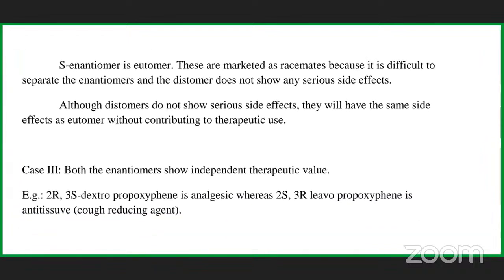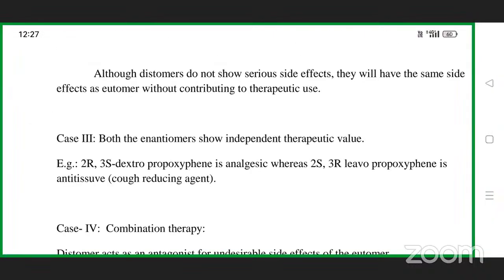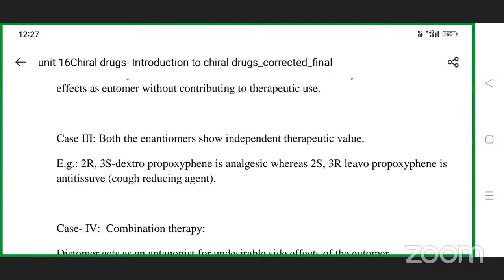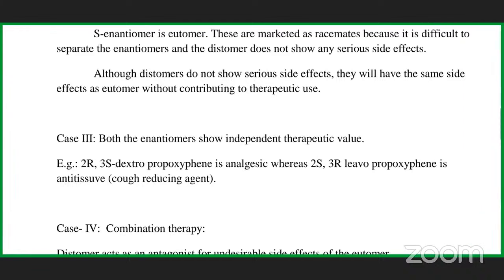Next, case number 3: enantiomers show independent therapeutic values. Here the third case is where both the isomers, both the enantiomers, R and S, have biological activity.